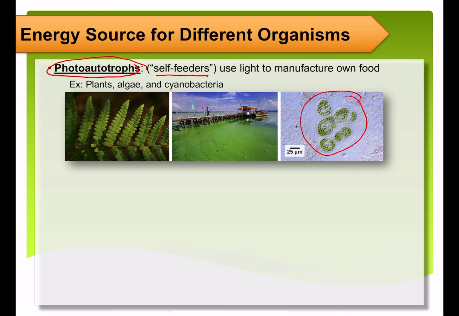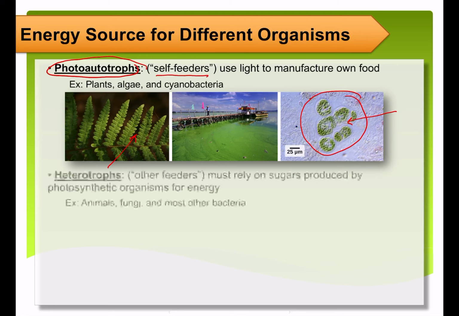If they are photoautotrophs, usually they will appear green when you look at them, because they must have some sort of photosynthetic pigment in order to do photosynthesis, and a lot of those photosynthetic pigments are green.